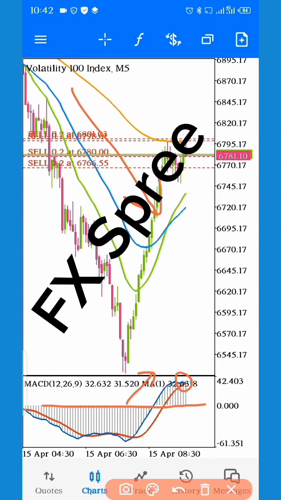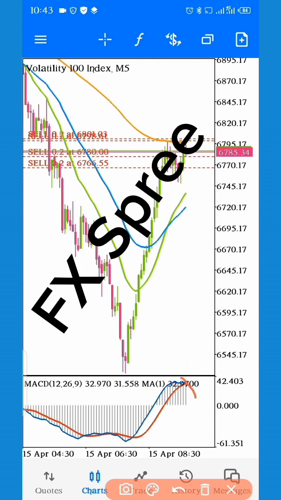As you can see, we have the signal line to be the red line, and this is the blue line above the red line. When the blue line meets here and crosses down below the signal line, which is red, it means it is ripe for you to enter the trade. All right, but my entry here is very early.